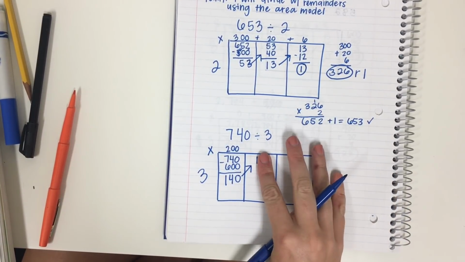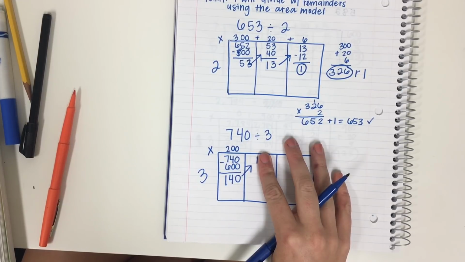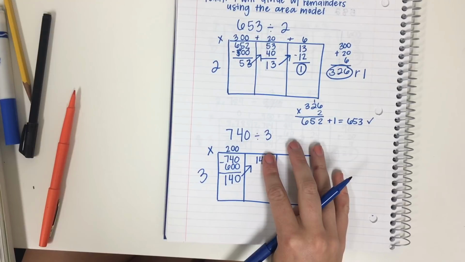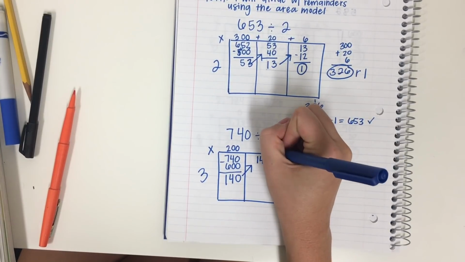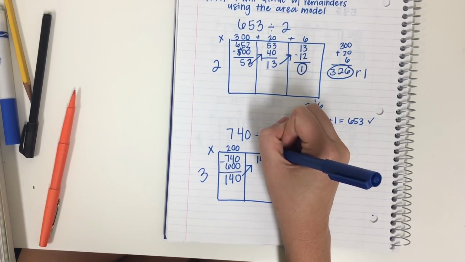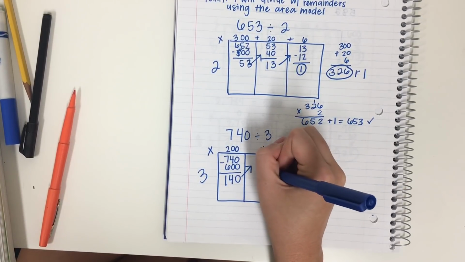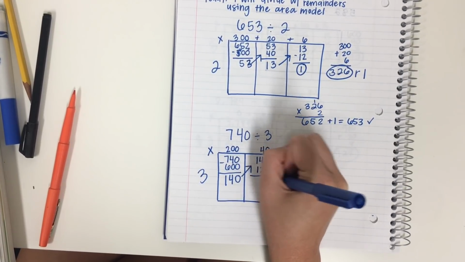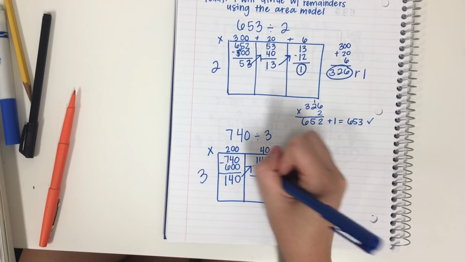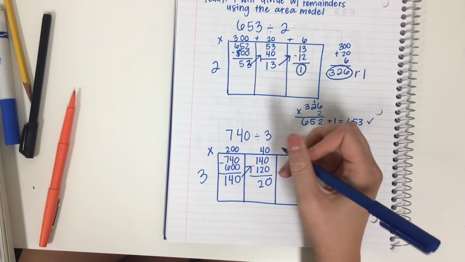How many times can 3 go into 1? It can't, right? How many times can 3 go into 14? Good. 4 times. Which would give us 40, which would give us 120. 0 minus 0 is 0. 4 minus 2 is 2.